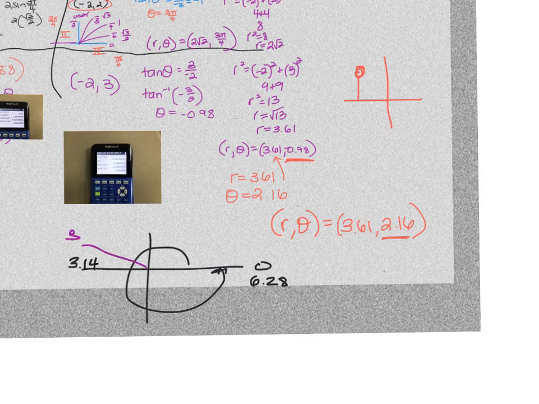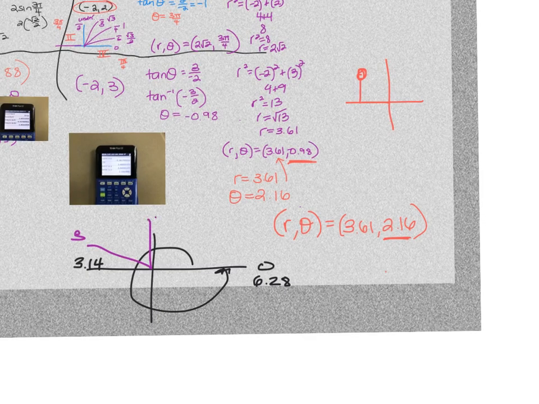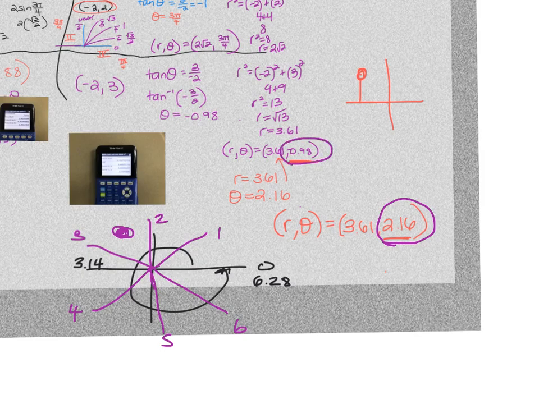So maybe like this is 3, maybe like this is 2, and this is 1. And then if we continued it on to the other side, they look sort of like this, 4, 5, 6. So if I said 2.16, I would know it's in this quadrant. And if I said negative 0.98, that's kind of like negative 1, I'd know it's in this quadrant.